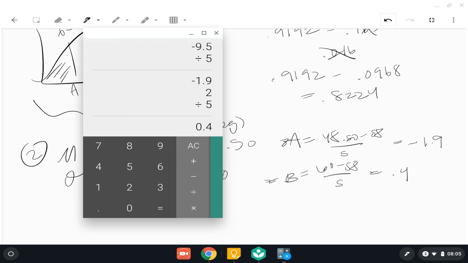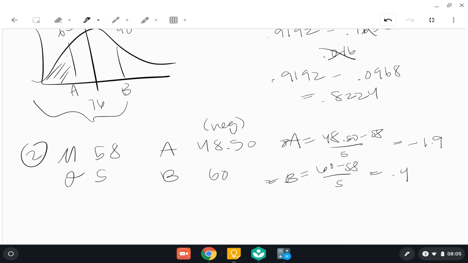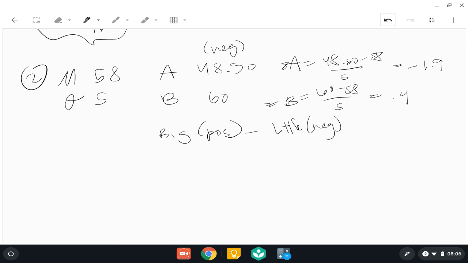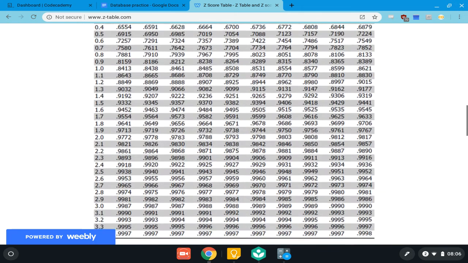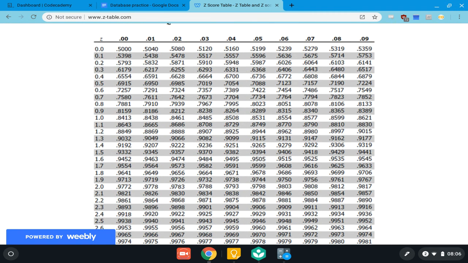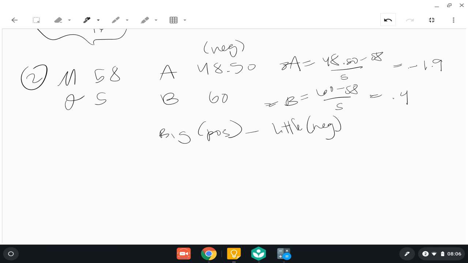So I'm going to take the big area minus the little area. How about that? Big minus little. So the z-score for 0.4 is 0.6554.